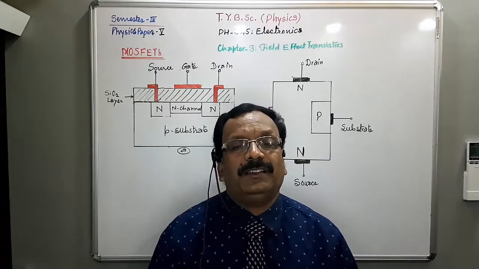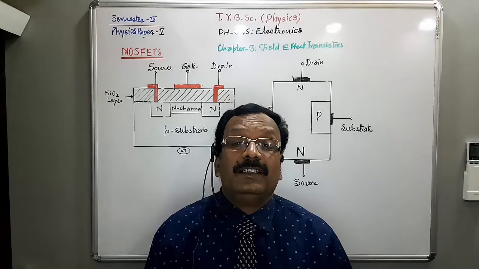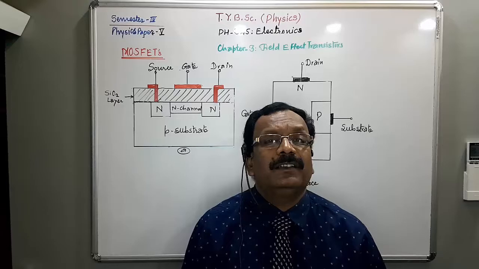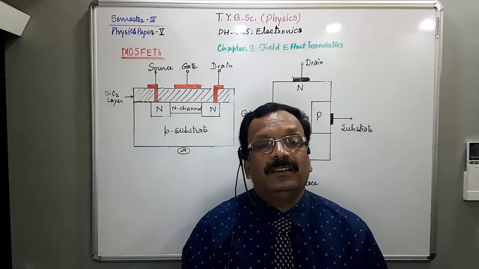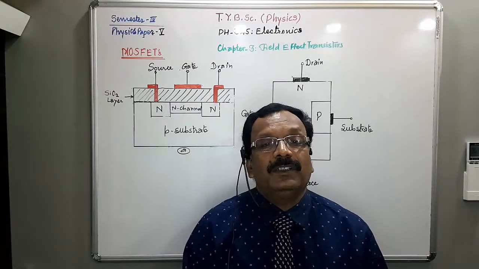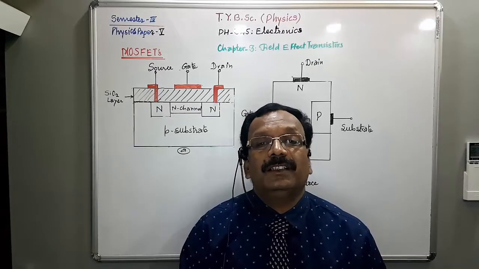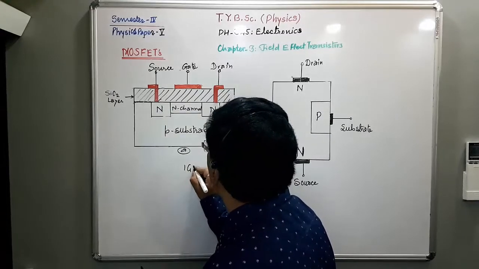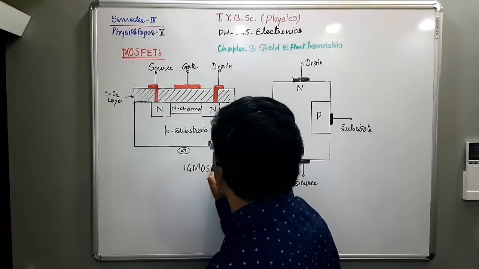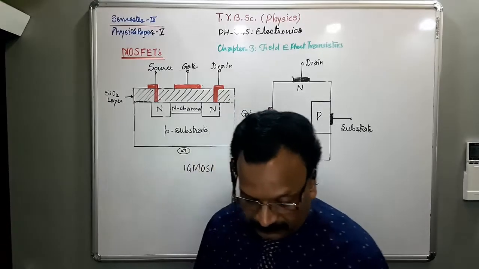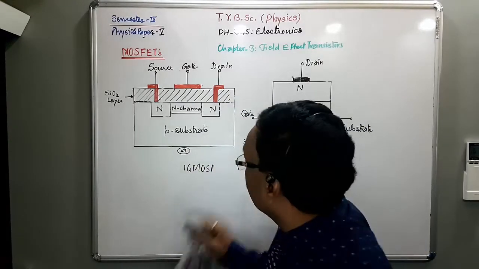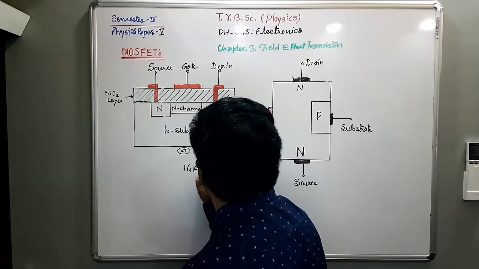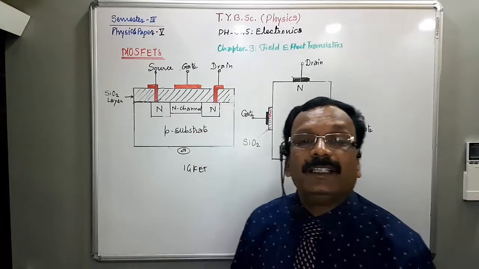Unlike JFET, the gate in MOSFET is insulated from the channel, and therefore sometimes it is also known as insulated gate FET.